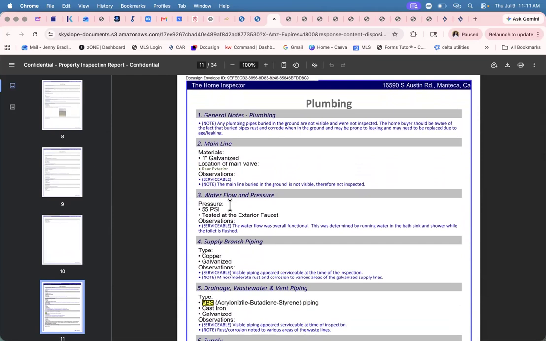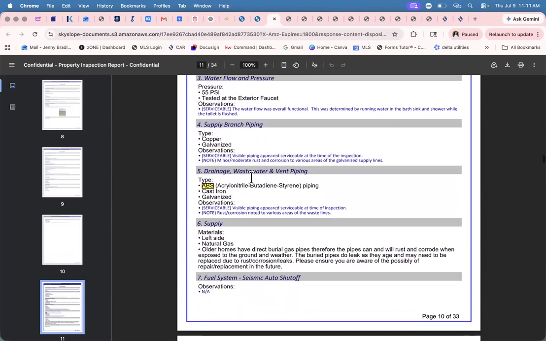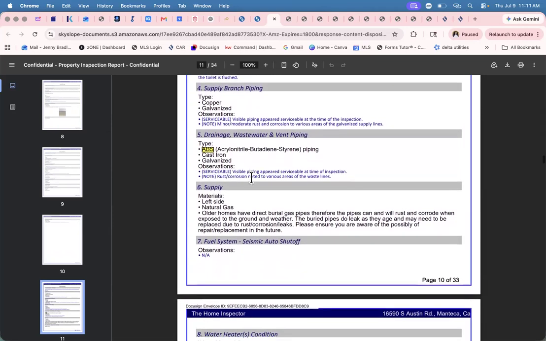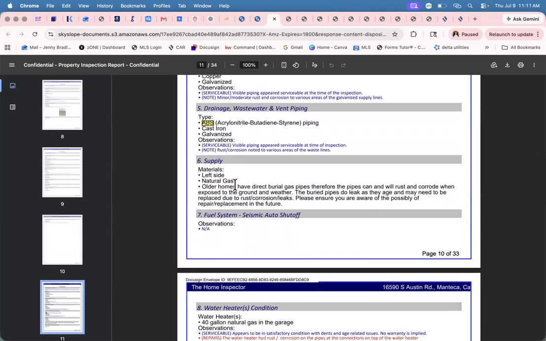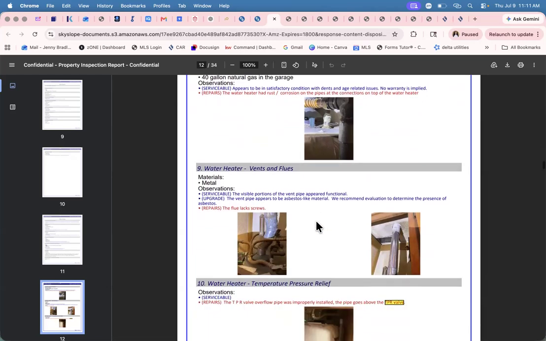All right, plumbing. Let's see. Notes. Everything looks pretty good. Water heater repairs. The water heater had rust. Okay, so this right here was done prior to some of the fixings that they did.